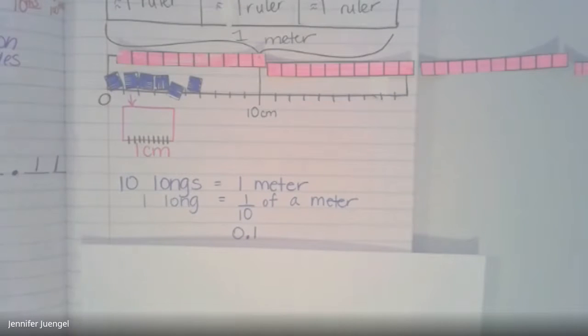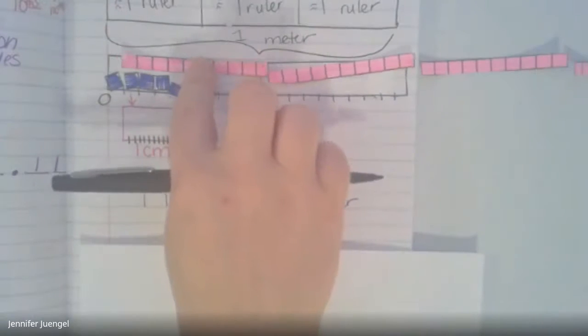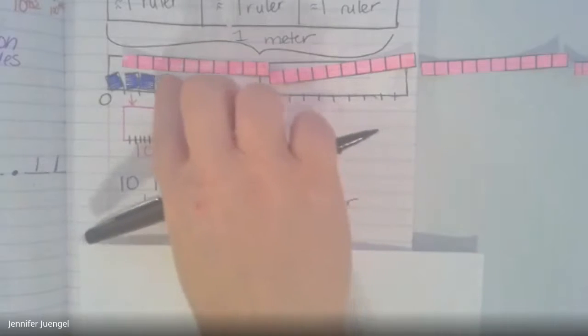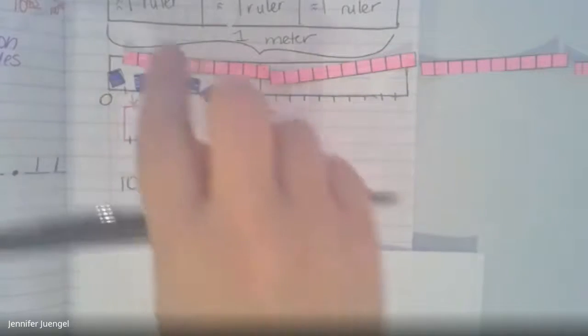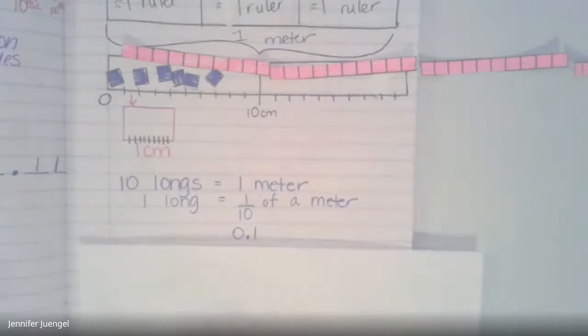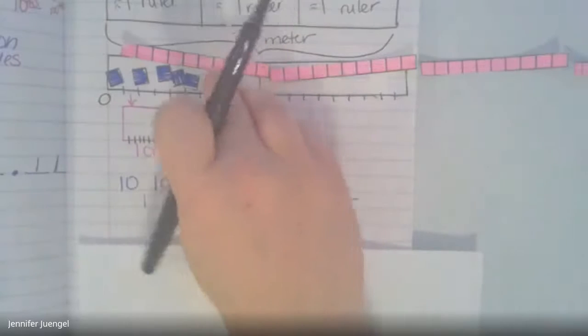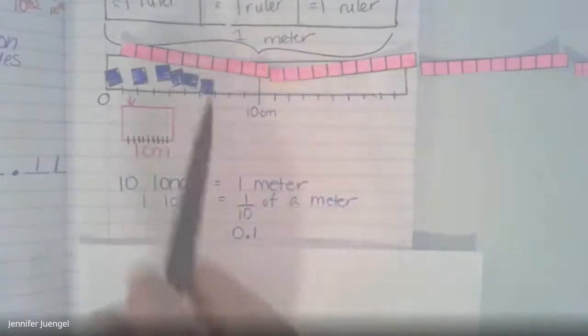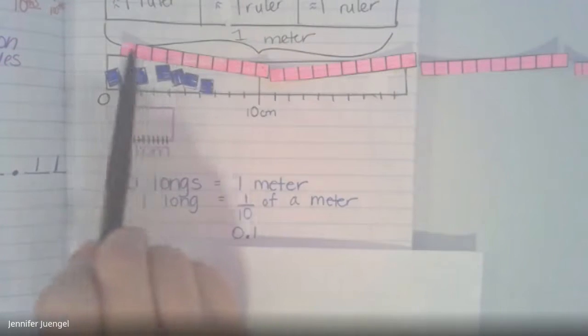But we're also operating within hundredths as well. So if I break that 10 stick down into its individual unit cubes, I would label each one of these marks on my meter stick as 1/100th, because I know it takes 10 little tiny unit cubes to make one long.